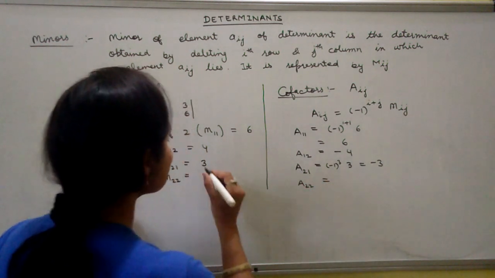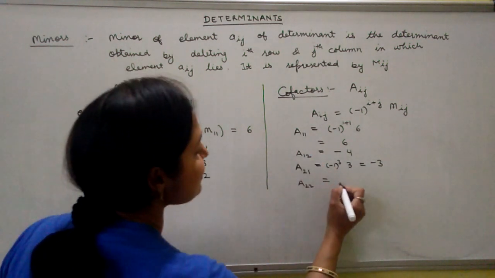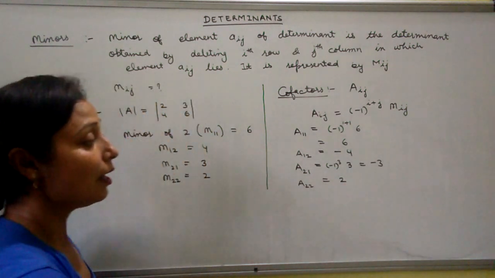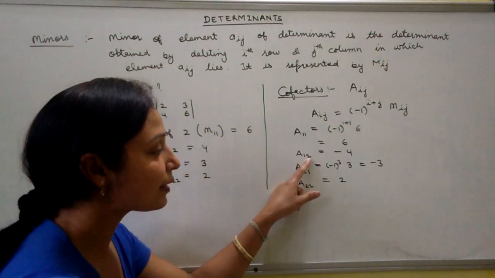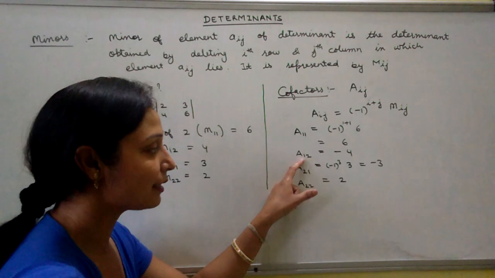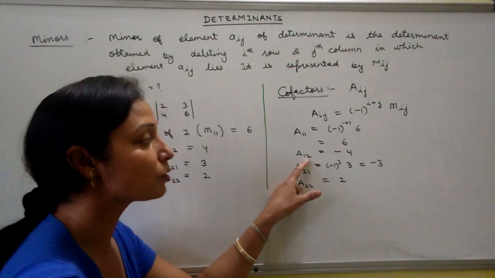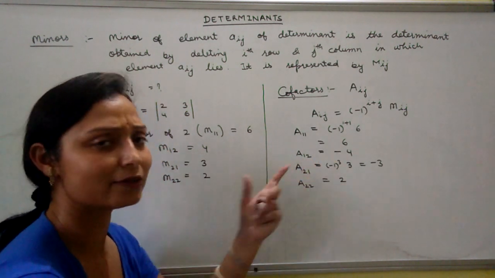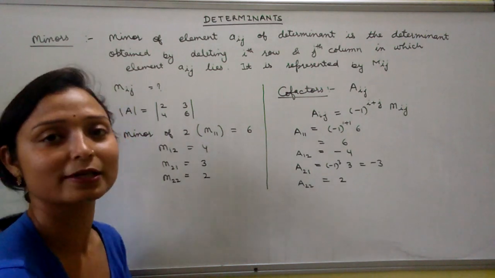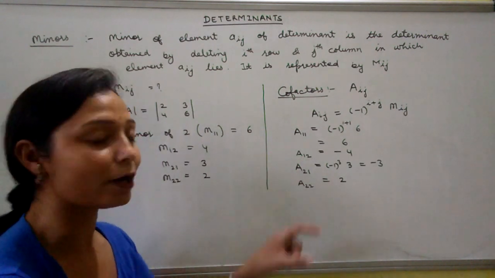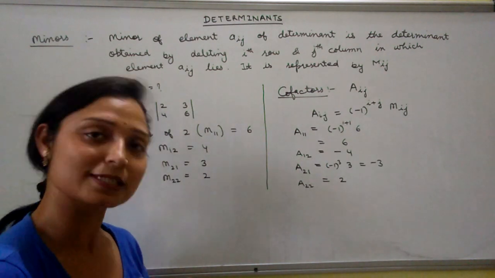A22 will equal, this row and this column, this value is 2. When you add the indices, if there is an odd number, like 1 plus 2 is 3, then you have to take negative, otherwise the minors and cofactors are the same. Only at the odd places you have to change the sign.